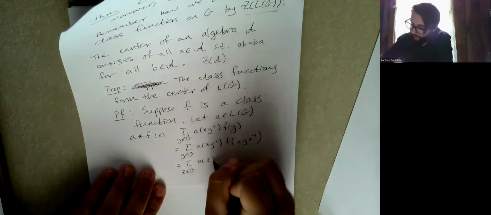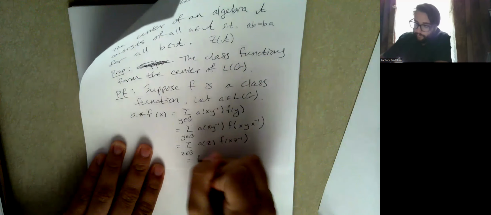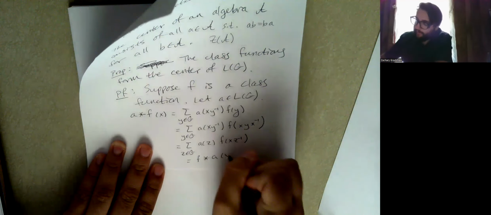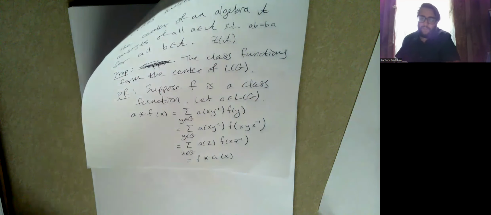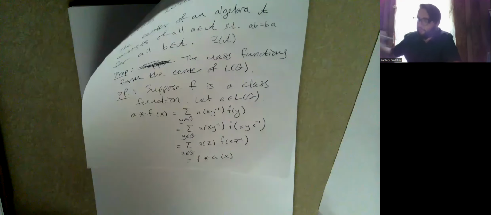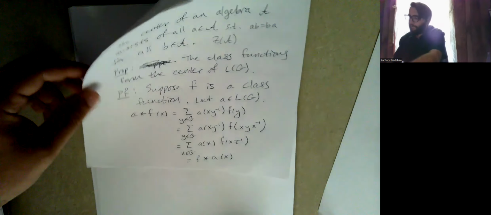We sum over Z in G of A of Z, F of X Z inverse. And this is nothing more than F convoluted with A evaluated at X. So if F is a class function, then it commutes with every element of the group algebra. Okay, so now we need to go the other direction.